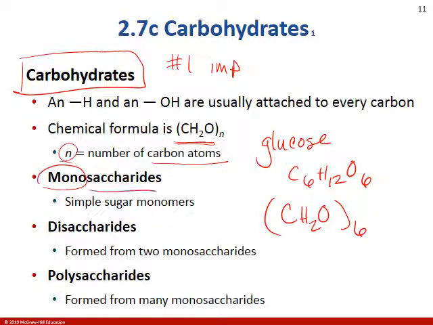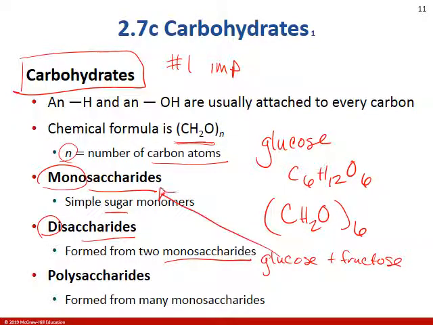There's monosaccharides, that's a simple sugar. You have disaccharides, this is when you have 2 monosaccharides coming together. So if I took glucose plus fructose, these are both monosaccharides, so one monosaccharide plus another monosaccharide. If I put them together, I have a disaccharide, and we call this sucrose.